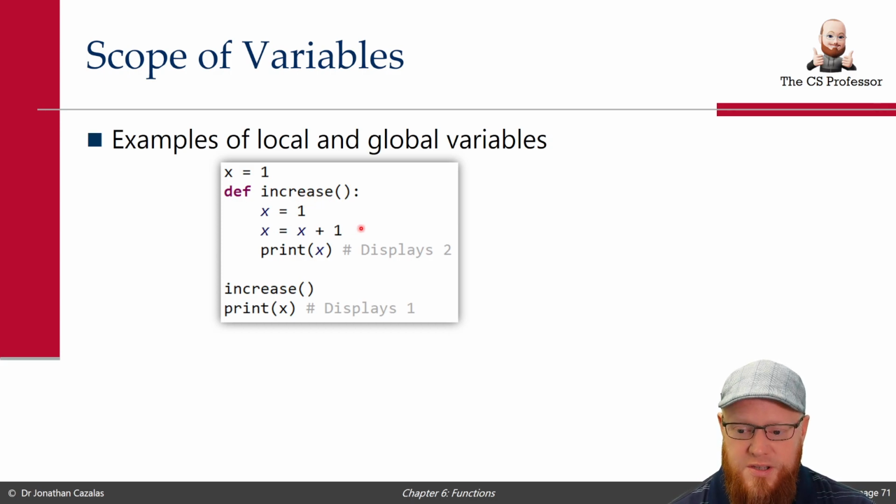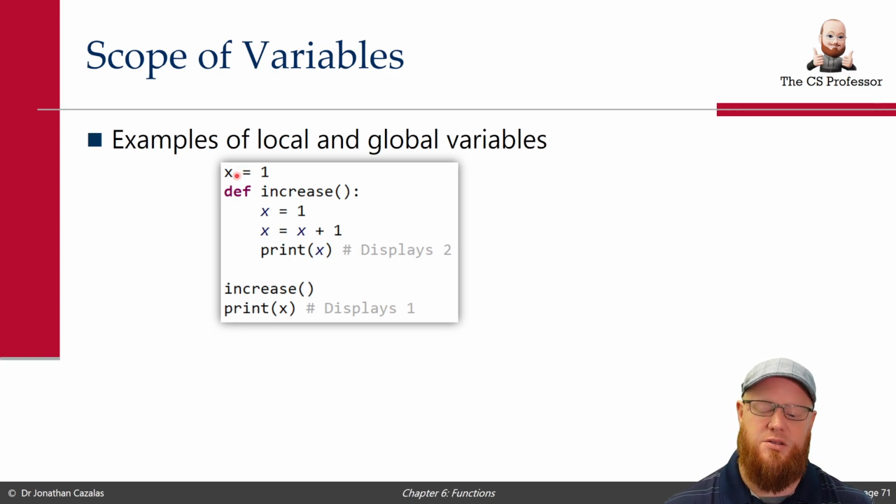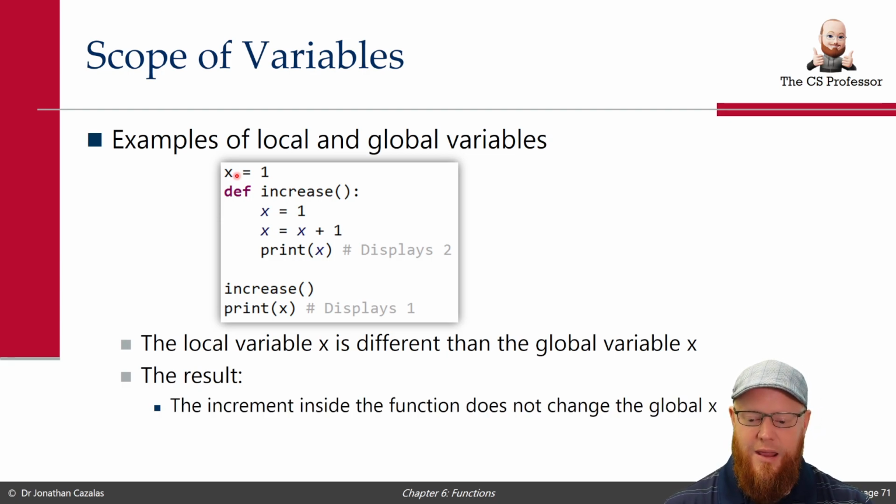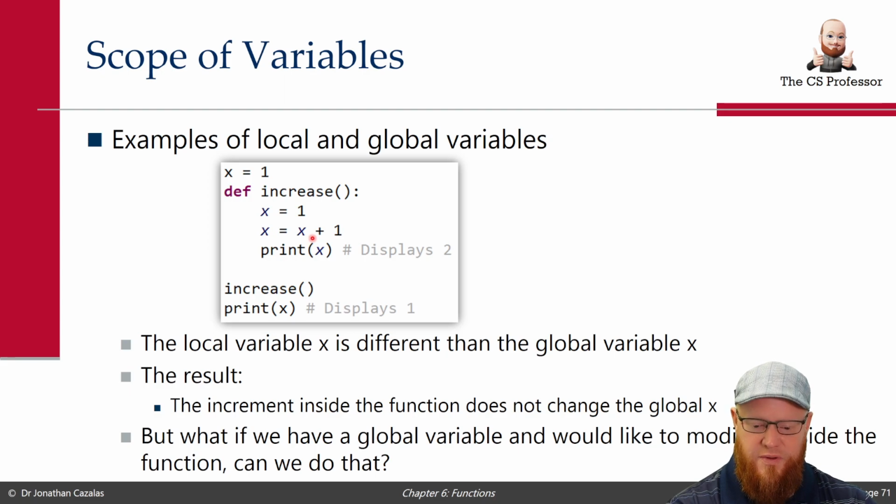So when we increase that x and it becomes 2, then we print 2, and when we print x here, we're printing the original value x, which was 1. So the local variable x is different than the global variable x. This is the takeaway. The increment inside the function does not change the global x. It only changes that local variable x.